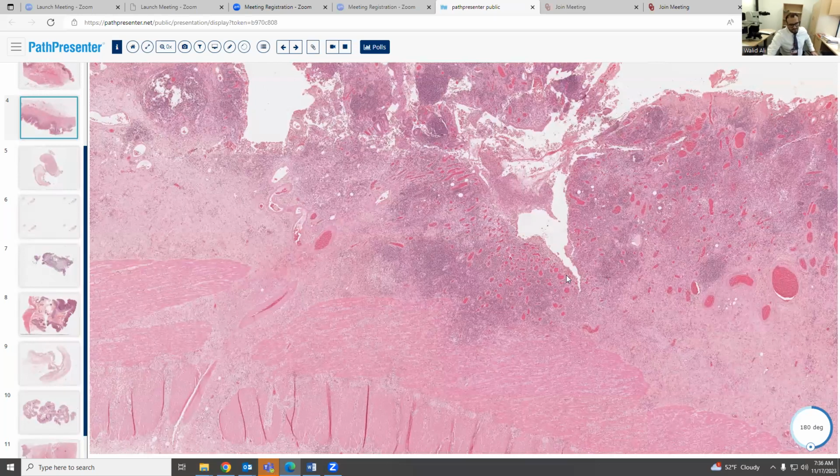But these are very important and high yield topics that everyone should know, and you will definitely see a few cases about inflammatory bowel disease when you start practicing.